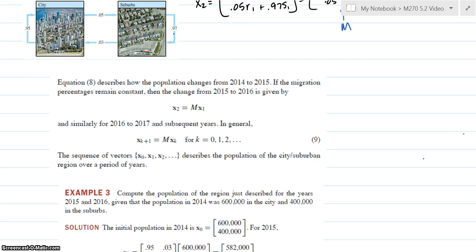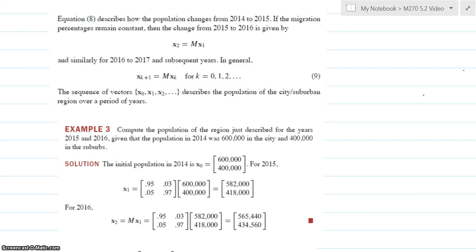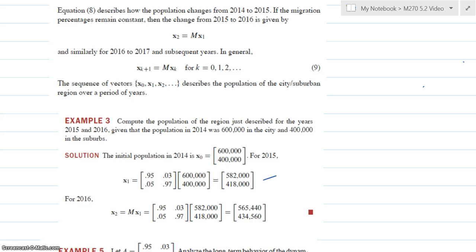So let's look at example 3. This example is in the book, if you want to follow along, in section 1.10 on pages 85 and 86. Example 3 says, compute the population of the region just described above for the years 2015 and 2016, given that the population in 2014 was 600,000 in the city and 400,000 in the suburbs. So remember, the first entry is the city, this is the suburbs, that is x0. We know x1 is equal to M times x0, what we found above.